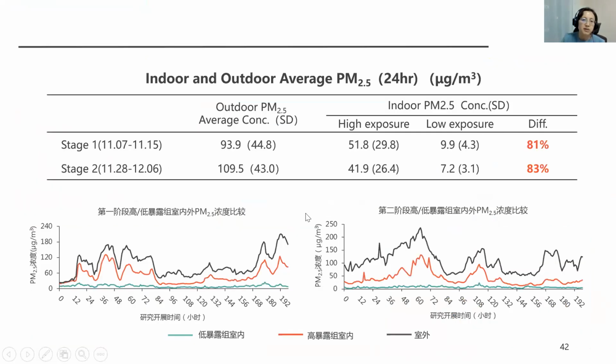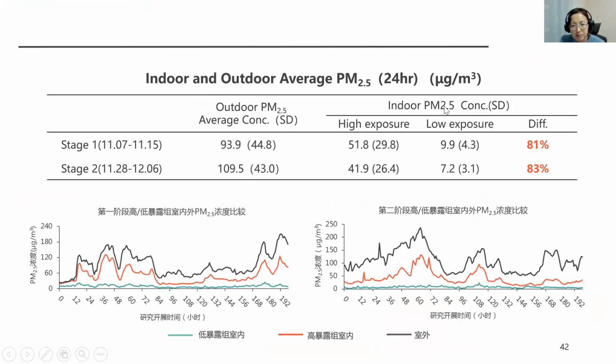So this is a result. When we calculated the indoor and outdoor average PM2.5 during the intervention, we can see that for the 2 stages, that is 2 times for the intervention, this is outdoor air pollution. Outdoor PM2.5 was at a very high level at that time. It was winter time.